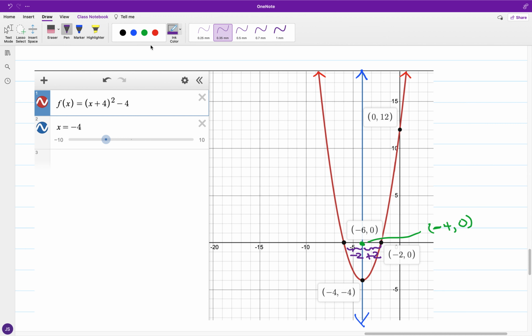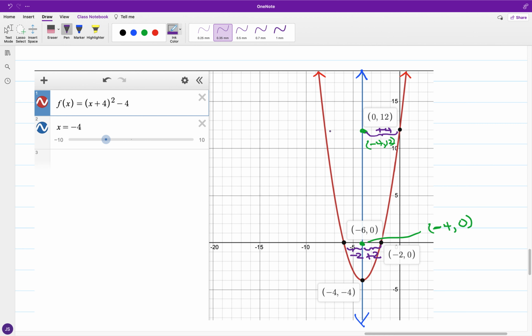And say if I were to move up the axis of symmetry level with the y-intercept, here I would have (-4, 12). Going from (-4, 12), which is level with the y-intercept, I'd be shifting over 4 places to the right.